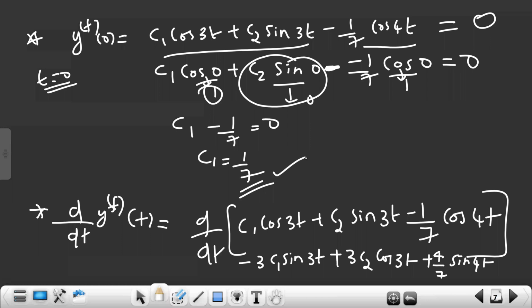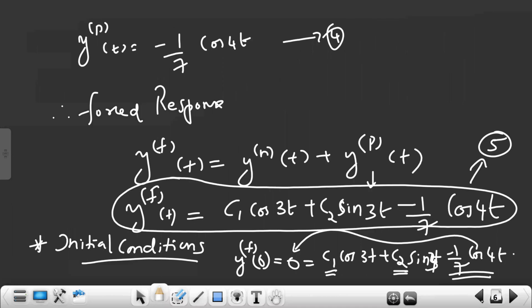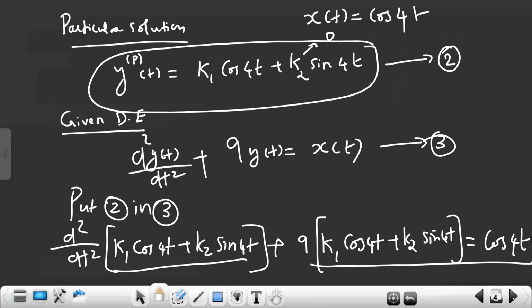Yes, sir, I got it. Okay, so just correct that, whatever I have told you. While copying the natural response, it is very difficult to copy from the previous slide into this, rather than writing in a book, while using this smart board. Anyway, be careful while copying or substituting the natural response into your main equation.